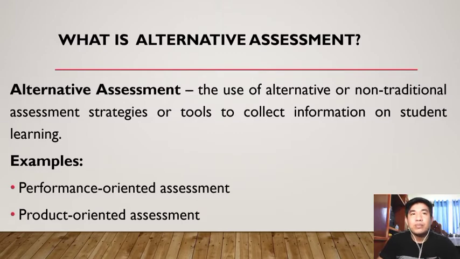Example, a home economics teacher teaches how to stitch. So of course, the output of the students will be rated as to how clean, how beautiful, how expert the students do the stitching. That's product-oriented assessment.